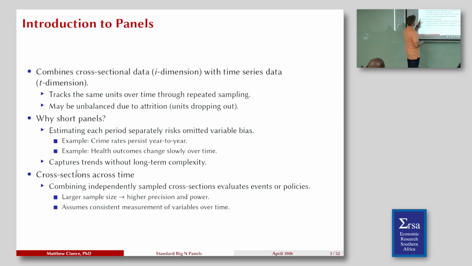Okay, so we're going to combine cross-sectional data, so we're thinking about the i dimension, with time series data on the t dimension. So we're going to track the same units over time through repeated sampling. This may be unbalanced due to attrition, units dropping out. We do have ways of making adjustments.